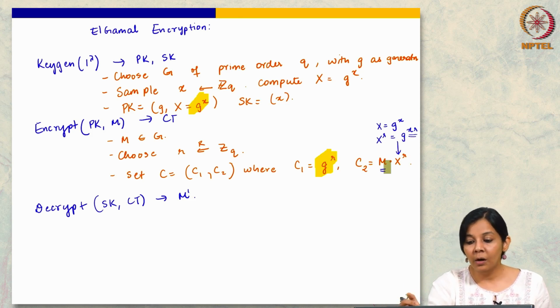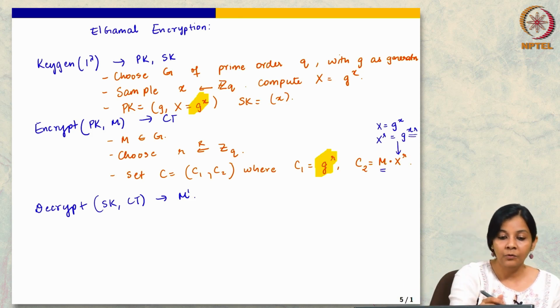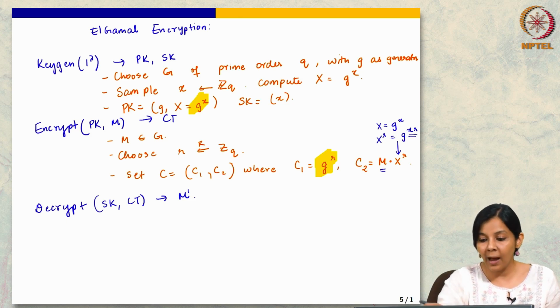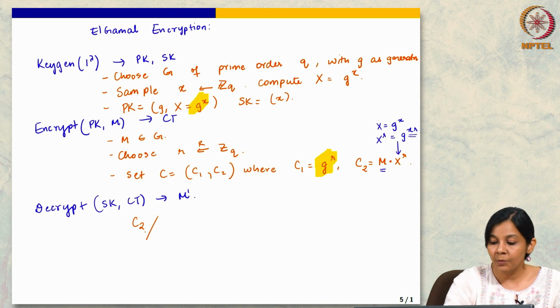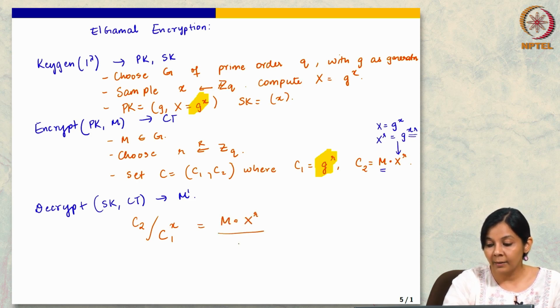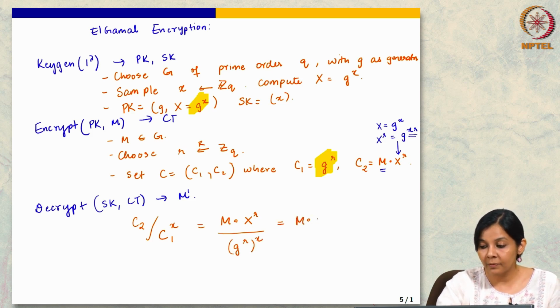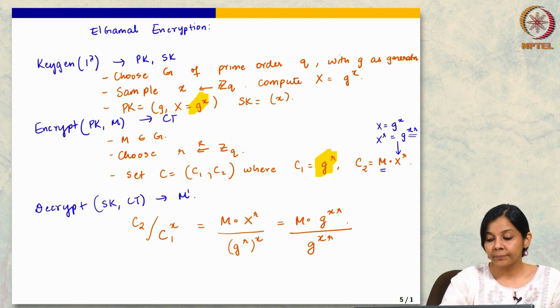Okay. So, how will I decrypt now? So, decryption is quite easy, right. So, I have g to the x. So, what should I do? So, if I just compute C2 divided by C1 to the x, what will I get? So, this is M times X to the r divided by g to the r, the whole to the x. So, this is nothing but M times g to the xr divided by g to the xr, right.